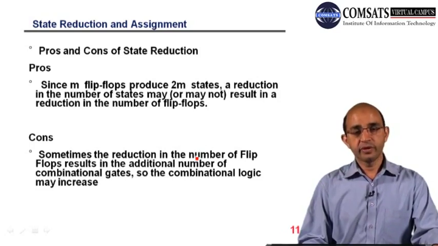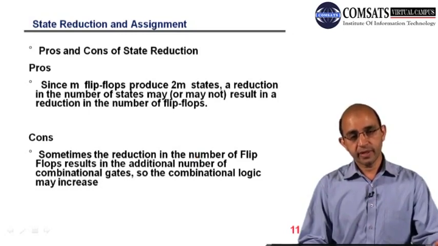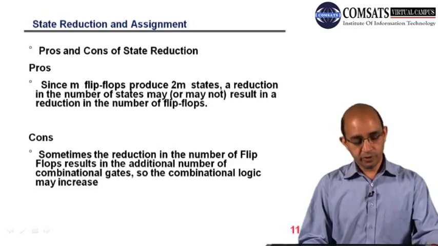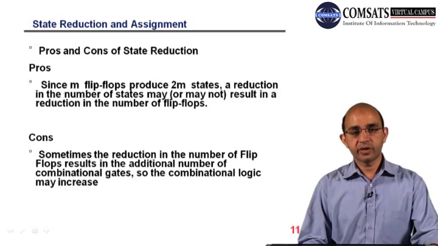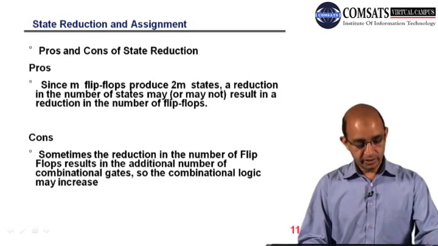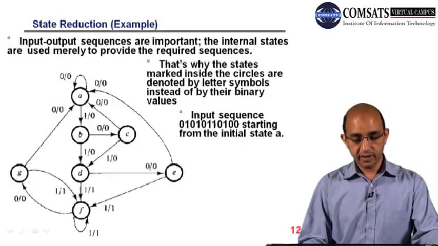This is one of the disadvantages of state reduction: if you reduce a few flip-flops, you have to add more gates, or the size of your combinational circuitry increases, or the number of gates rises.